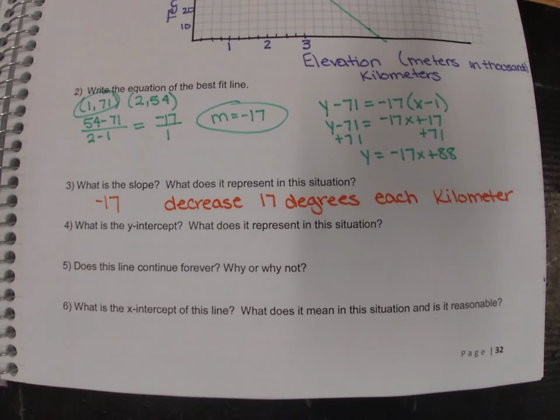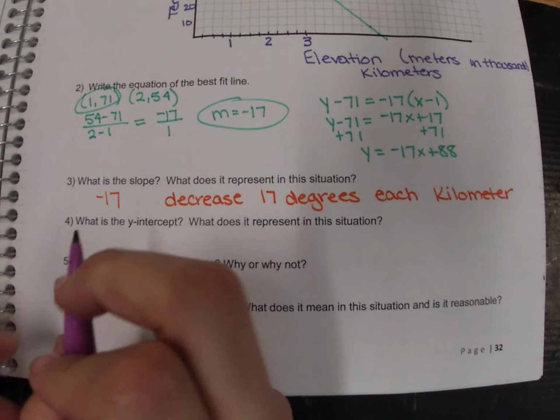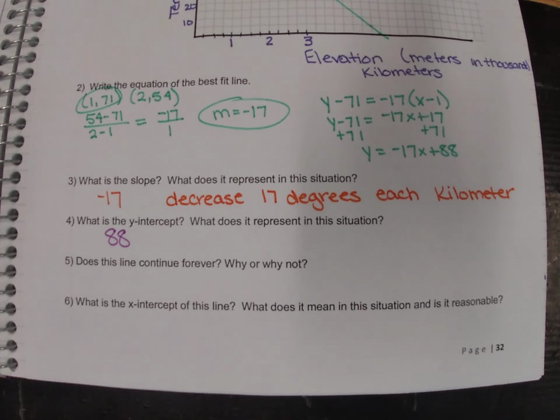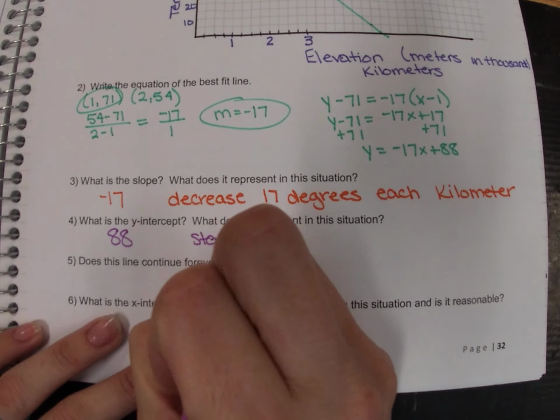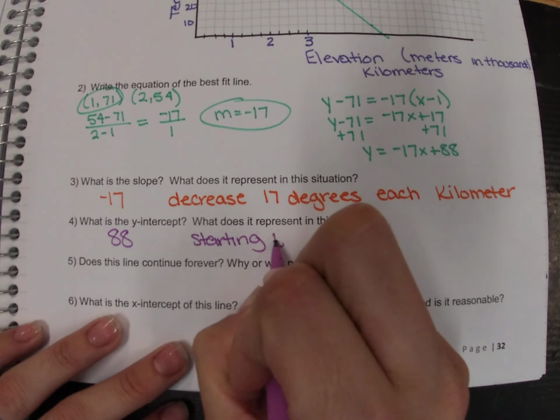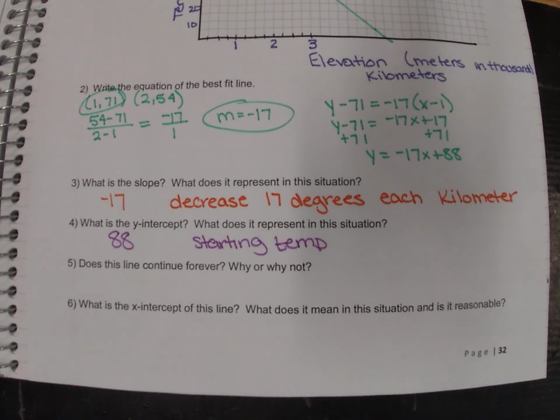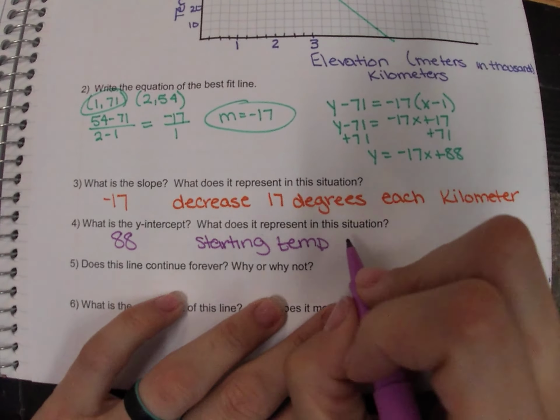What is our y-intercept? So we know our y-intercept from this data is 88. Well, if that's our starting point, what is this problem talking about? It's talking about temperature. It's our starting temperature when we're at ground level. Right? It's our starting temp before we start to go up and climb Mount Fuji.